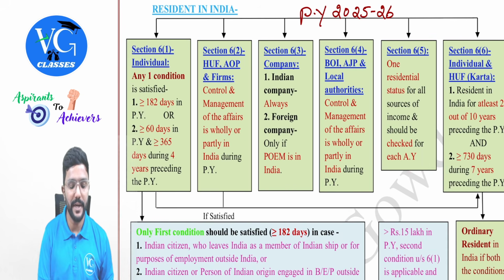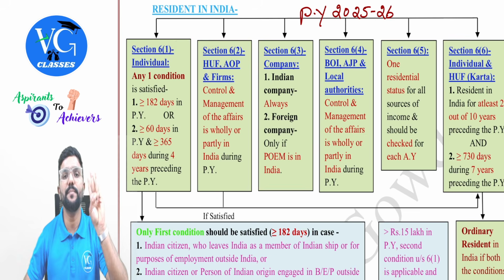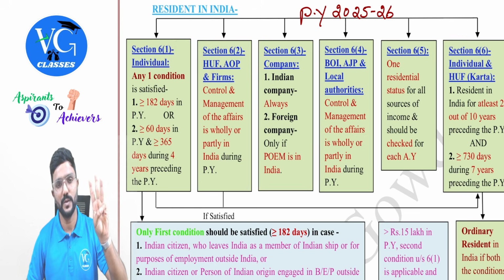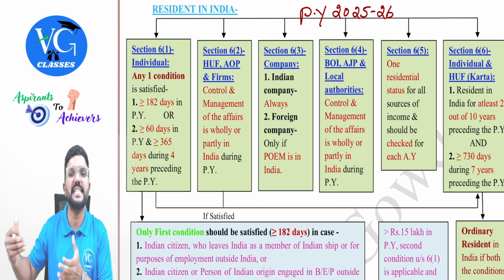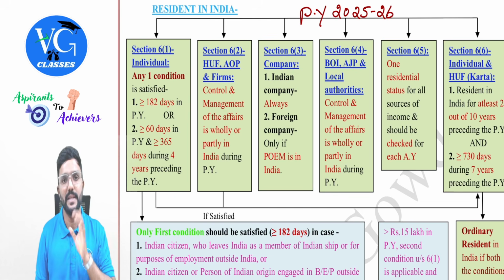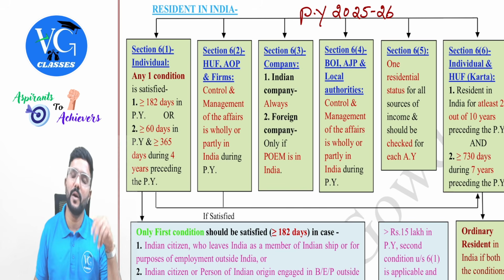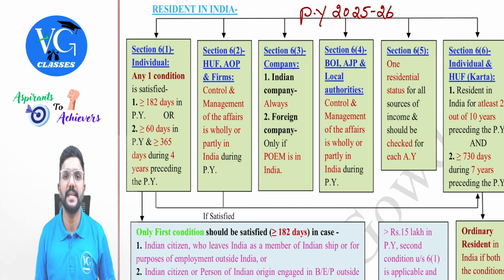Now, coming to the individual and HUF, there are three possibilities in total. What are those? Ordinary resident, not ordinary resident, non-resident. Whereas for any other category of persons, the second stage will not come, guys. They are either resident or non-resident, and when they are resident, we always consider them as ordinary resident.